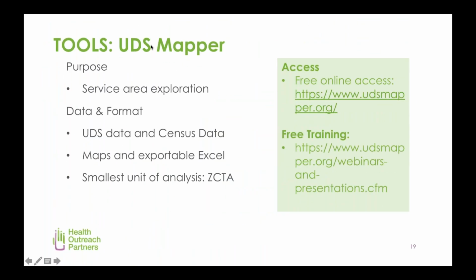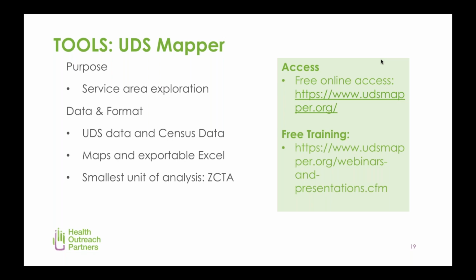So the first tool, some of you said you were using this, some of you said you were interested in learning a little more about it. It's one of my personal favorites. So the UDS Mapper is just a really great way of looking at and exploring your service area. It's particularly good, I think, in terms of addressing the things that you talked about, wanting to learn more about transportation.